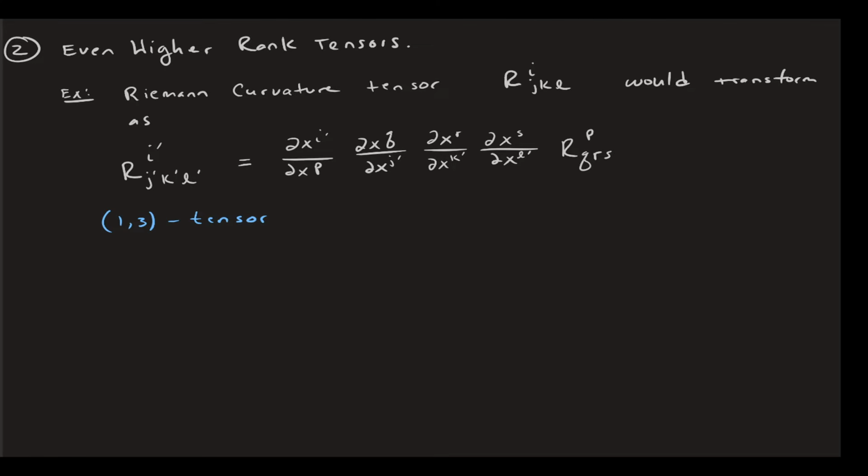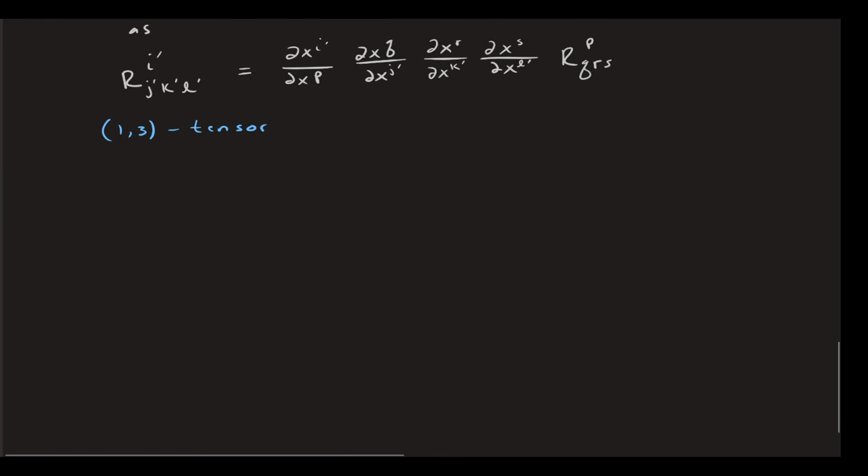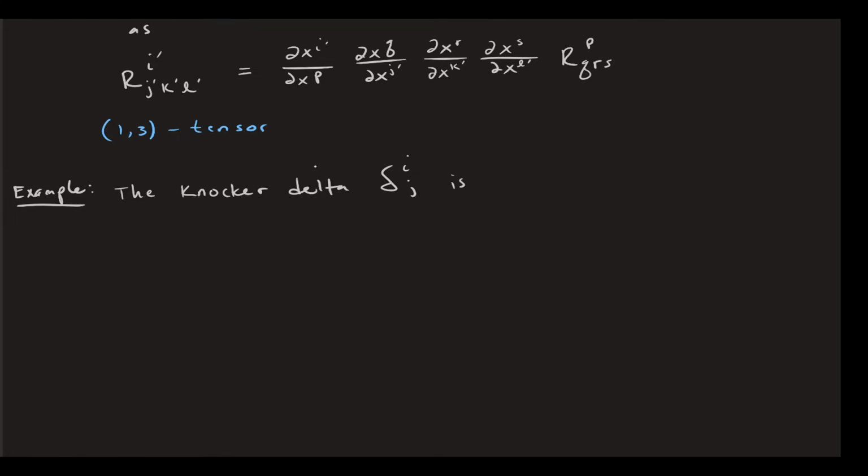All right, so another example. Another example is the Kronecker delta, delta^i_j, which is a mixed rank 2 tensor.